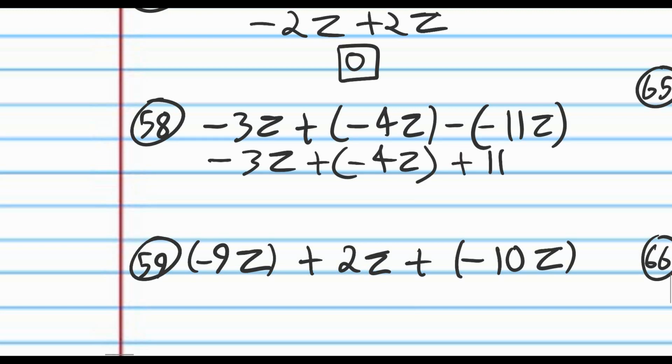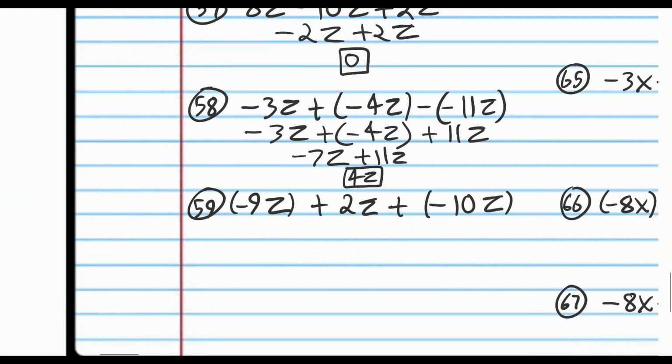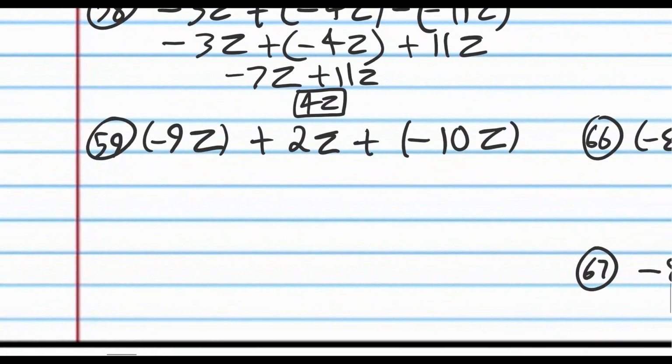That becomes positive. And then we end up with 4z. So if you got 4z, good job. All right, try number 59, and when you come back, we'll do it together. All right, we're back.